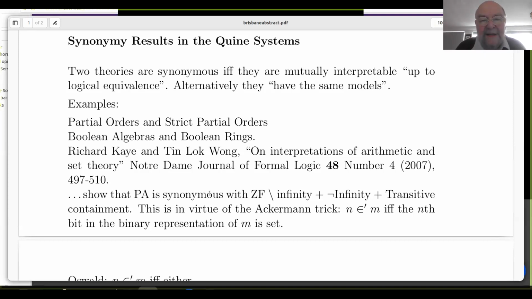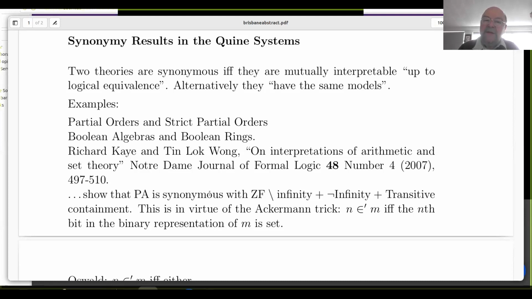A nice, straightforward example to start with is the theory of partial orders and the theory of strict partial orders. Now, I can interpret the theory of partial orders in the theory of strict partial orders by sending x less than or equal to y to x less than y or x equal to y.